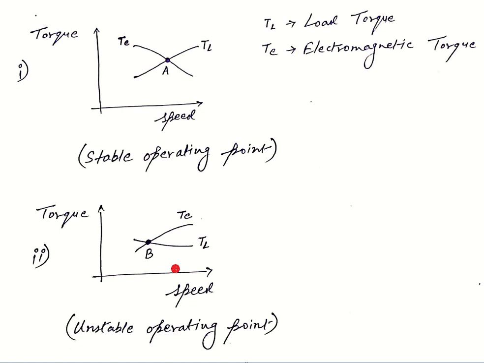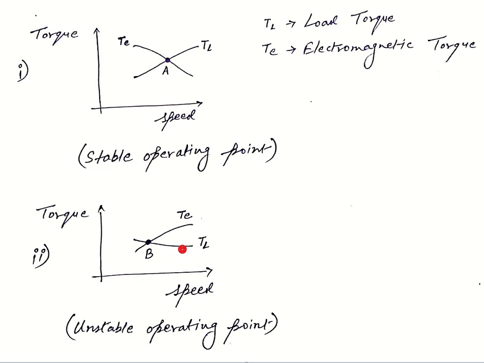Now, let us consider the situation when the speed of the motor is slightly more than what it is at point B. At this point, TE is more and TL is less. That is, electromagnetic torque is more and load torque is less.